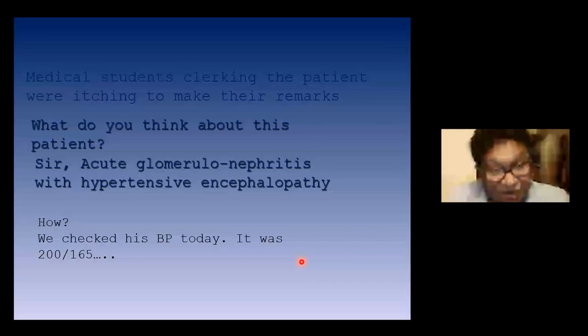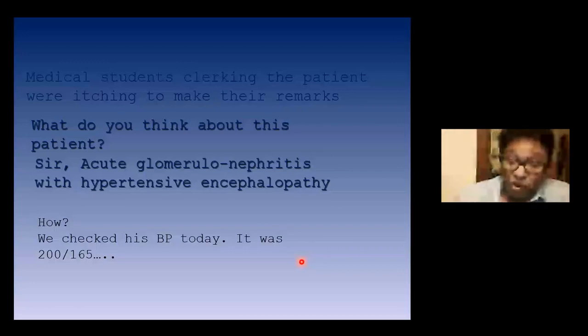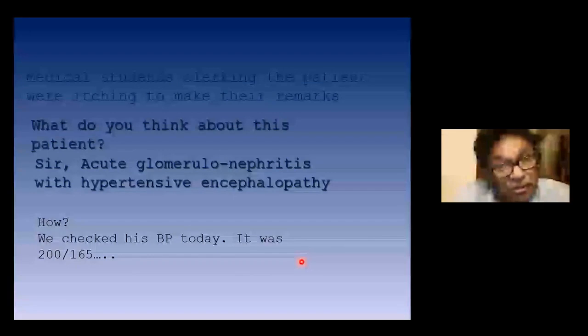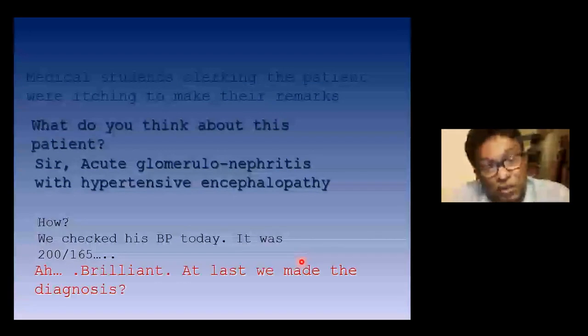It was recorded only once or maybe twice, but it was repeated as the same. But when the medical students checked, it was so high, and when we checked it, it was much more than this. So at last we made the diagnosis.